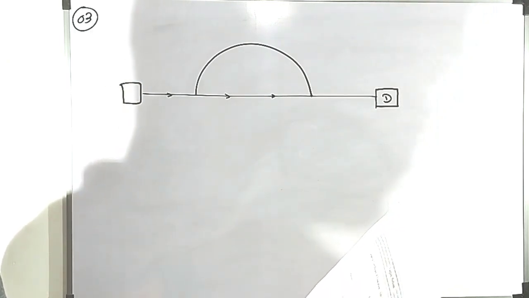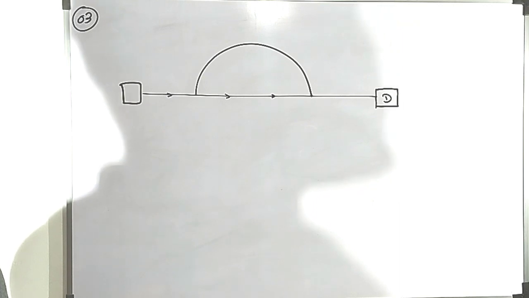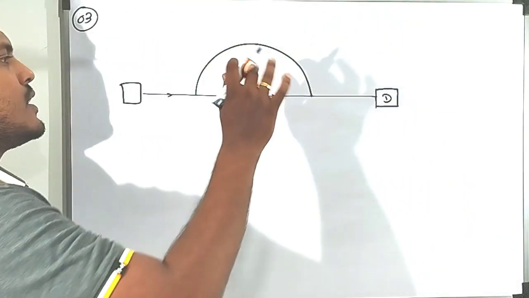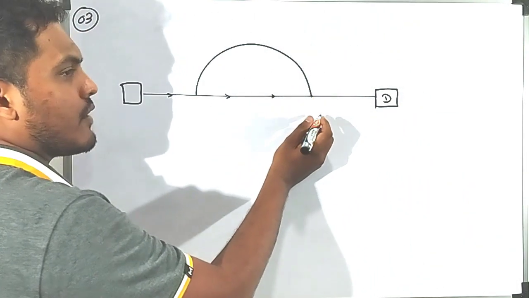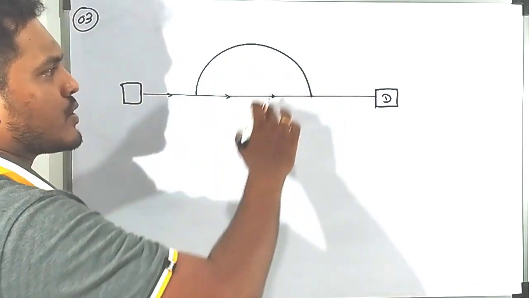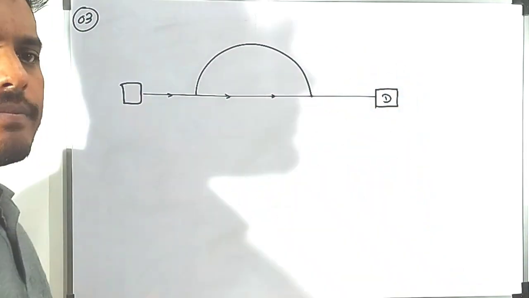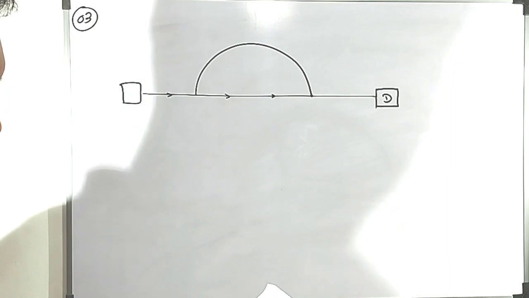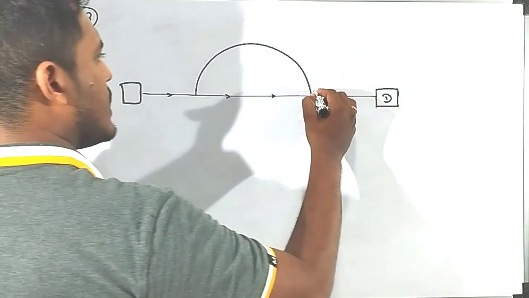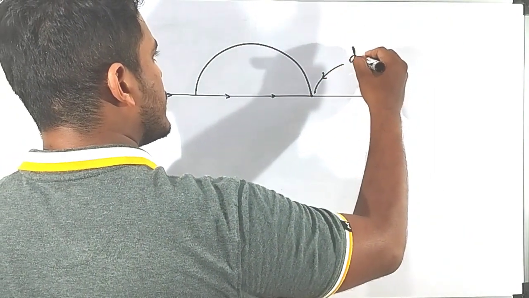If the detector should detect no sound, here no sound means that after the interference occurred, there is no sound detected by D. Then there should be destructive interference.